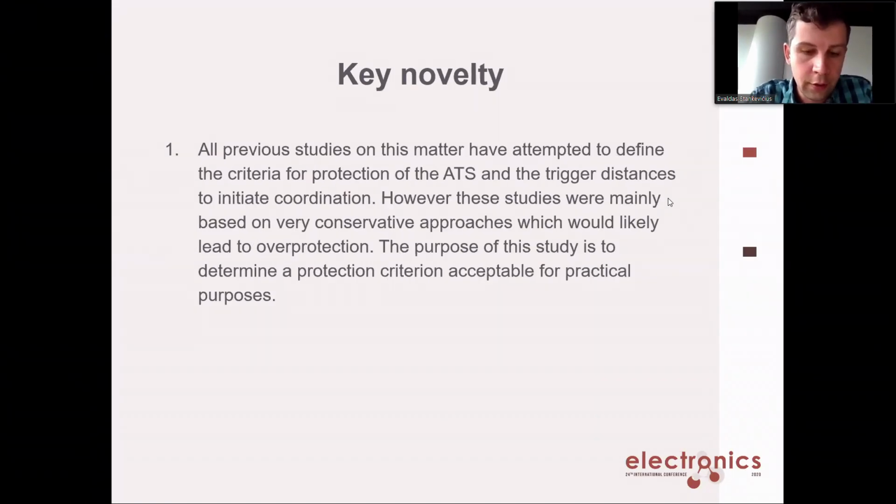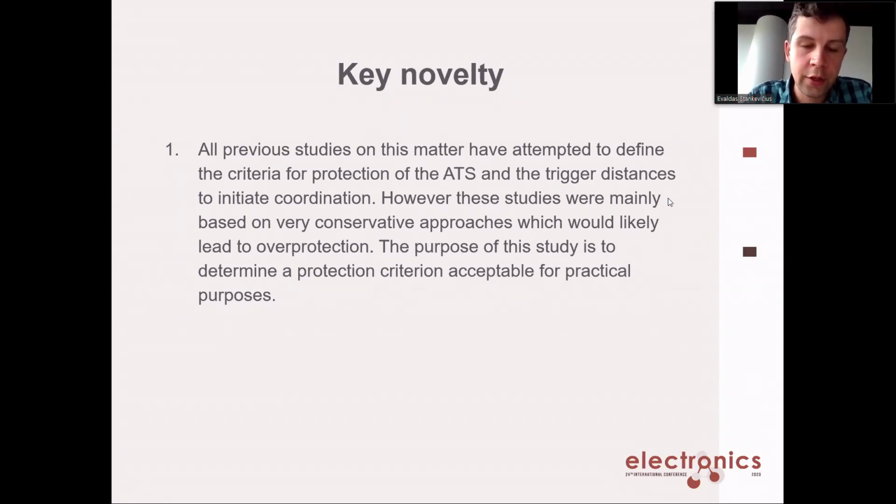So the main key novelty we found and evaluated during our work: first of all, it is more practical rather than academic, because currently we have protection criteria and coordination distances for telemetry systems. It means that those radio receivers in particular countries are safeguarded by particular protection criteria.